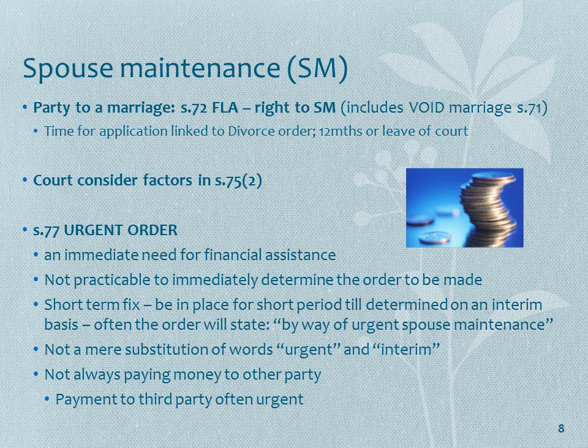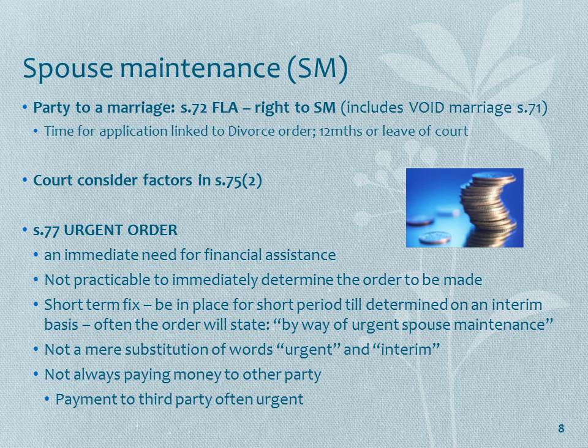Now, this is money that one party requires to assist their own maintenance, not that of a child. Spouse maintenance is linked under Section 72 of the Family Law Act, and there is a right to that. It's linked from a time point of view to a divorce order, and you only have 12 months from the date a divorce order becomes absolute to either reach an agreement on a spouse maintenance matter, or you'd need leave of the court to file an application.